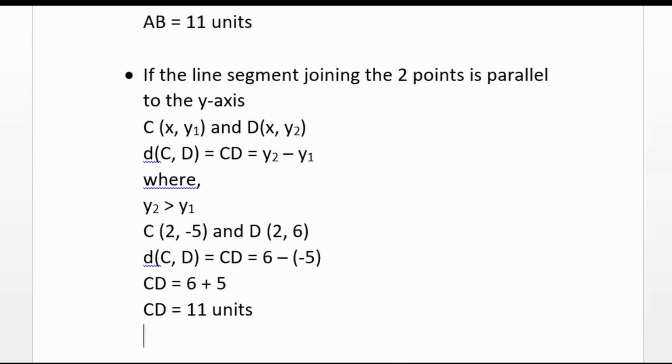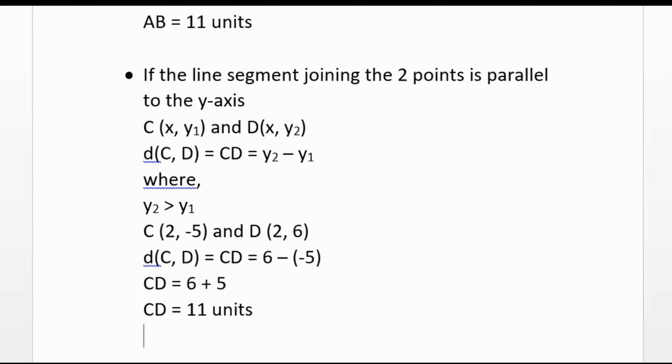Thus, we have considered 4 cases in which we can find the distance between any 2 points, but the 2 points are in such a way that either they are lying on the coordinate axis, or the line segment joining those 2 points is parallel to either of the coordinate axes.